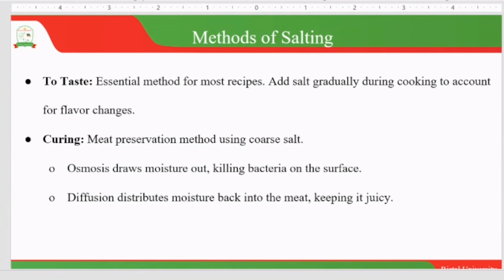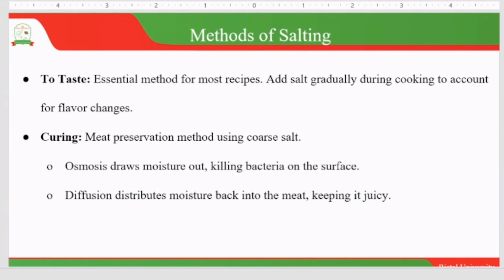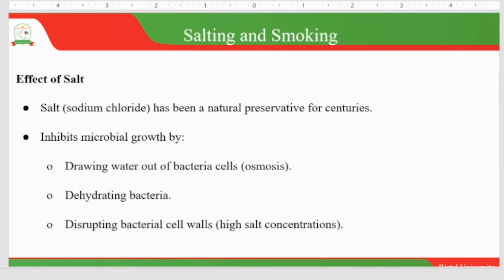But also in preservation, in the curing of meats, here we're looking at the osmosis, like I told you, but also diffusion distributes moisture back into the meat, keeping it juicy.